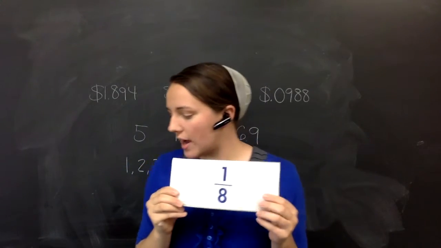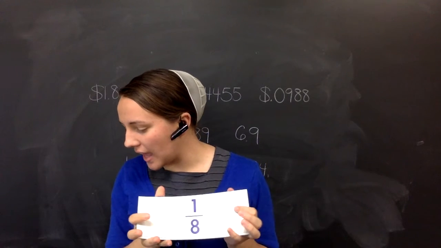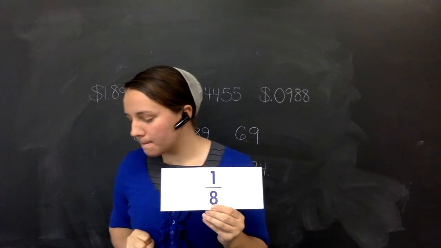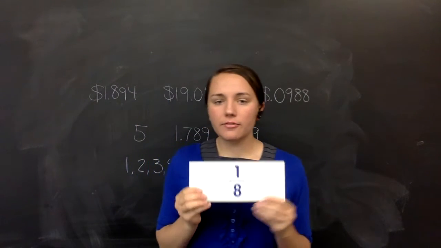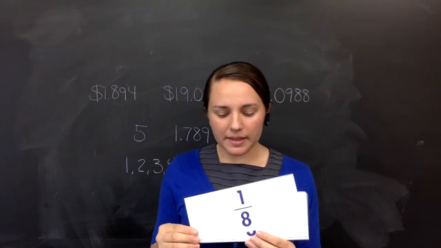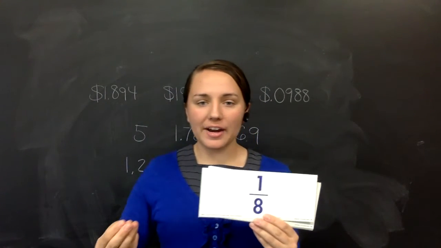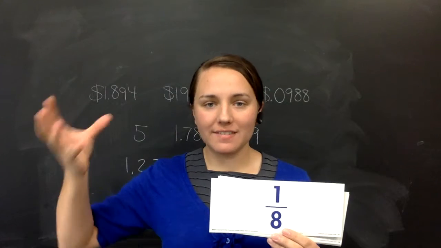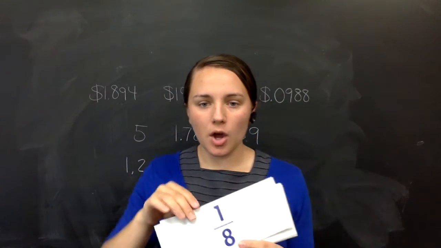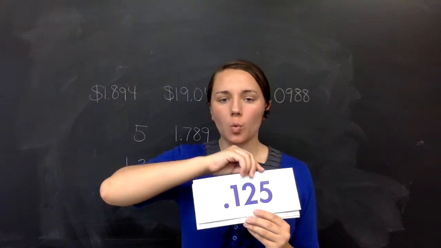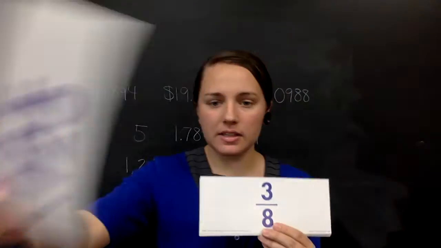Okay, now we have fractions with a denominator of 8, and the fractions with a denominator of 8 have the pattern of 25 and 75 in the decimal, okay? 1/8 and 3/8 begin with their numerator. So this is 125,000.